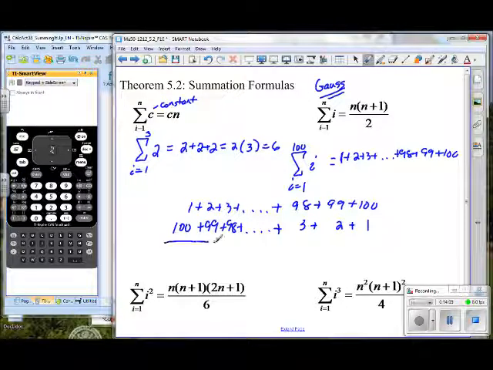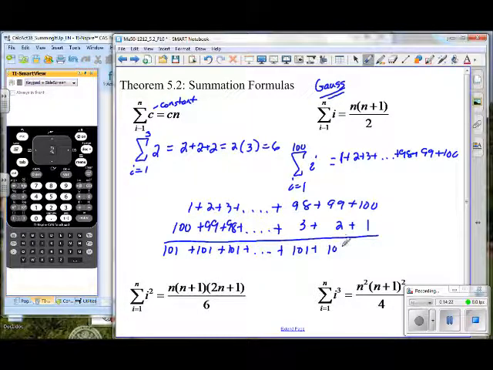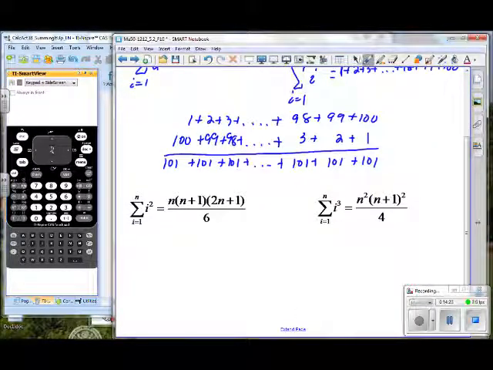Now let's see, if I add those down each column, I get 101, 101, 101, 101, and in fact every single sum I'm looking at is 101.